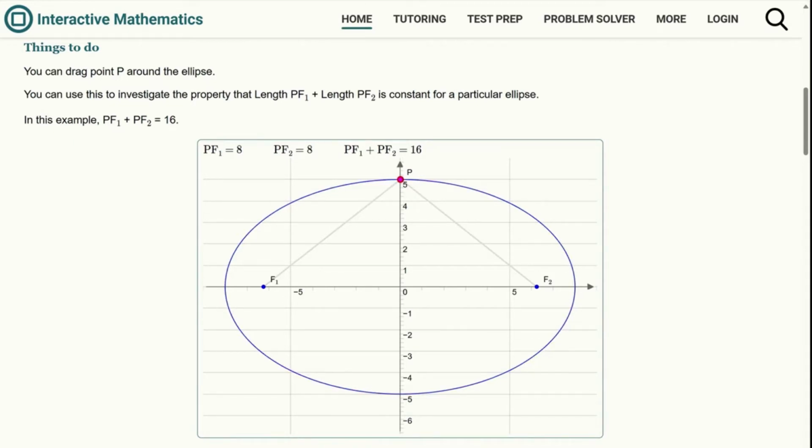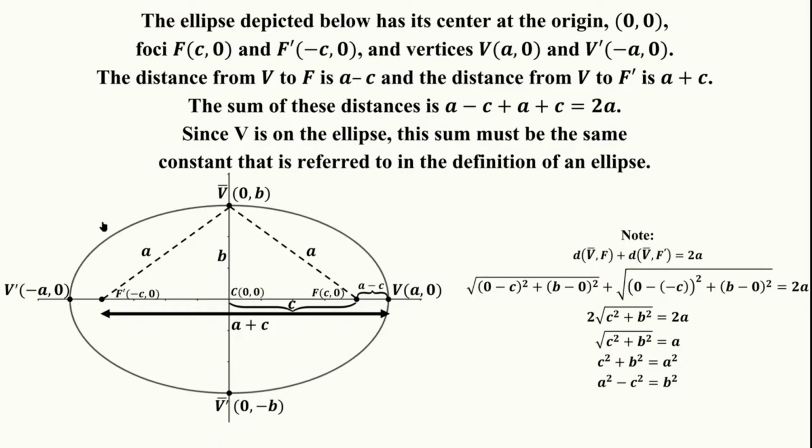So let's go ahead and do that. In this ellipse that we have here, the center is at the origin, (0, 0), and the foci are at F (c, 0) and F prime (negative c, 0), right? And the vertices are, of course, at (a, 0) and (negative a, 0).